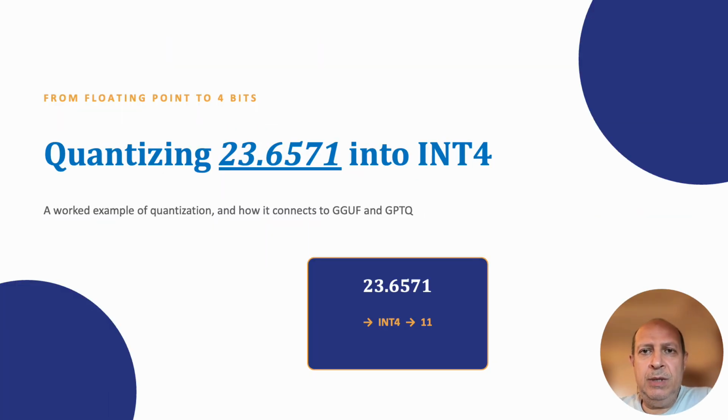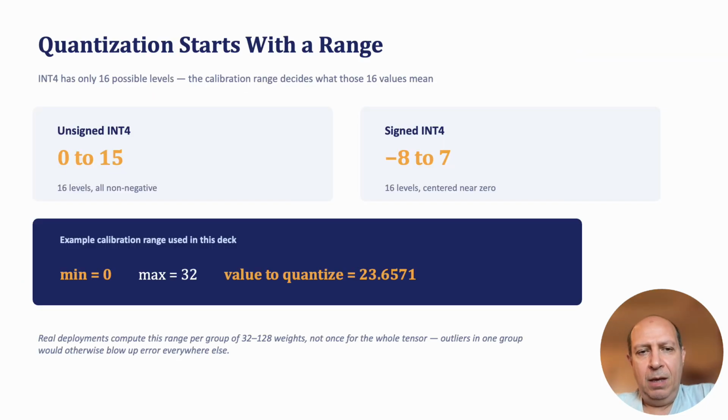Now let's walk through an example of converting the real number 23.657 into int4 format. Before we can map a continuous value to one of the 16 int4 levels, we need to decide which slice of real number space those 16 buckets, or 16 quantization levels, cover.